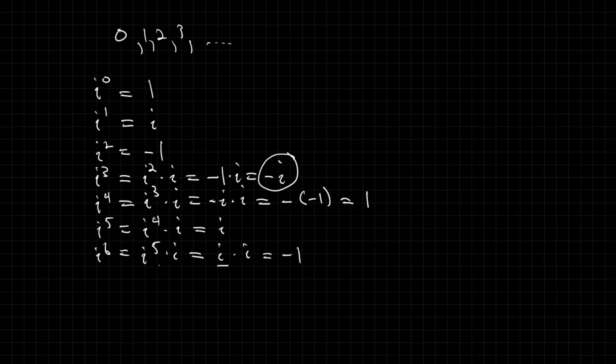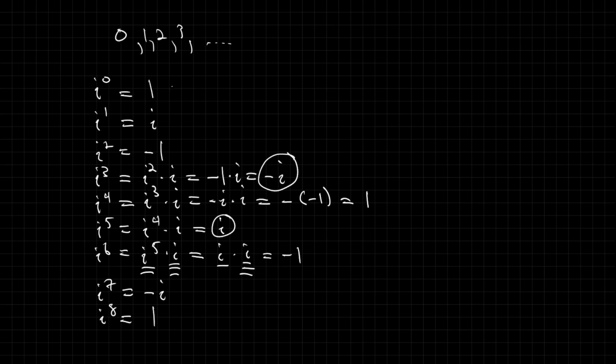Again, this first i comes from i to the fifth being i, and the second i comes from our simplification of exponents. i to the 7th, I'll leave it to you to figure out that that's going to be minus i, and i to the 8th is again 1.